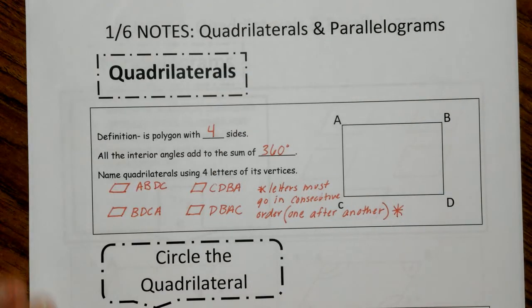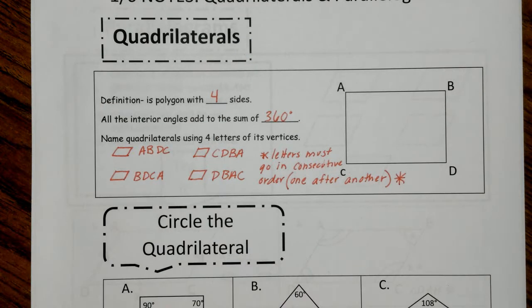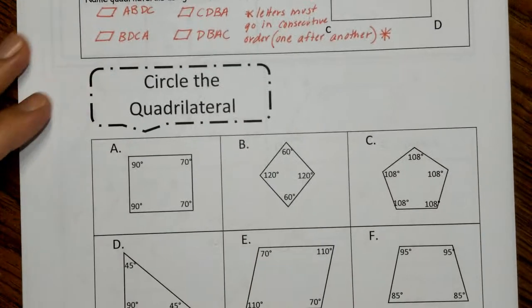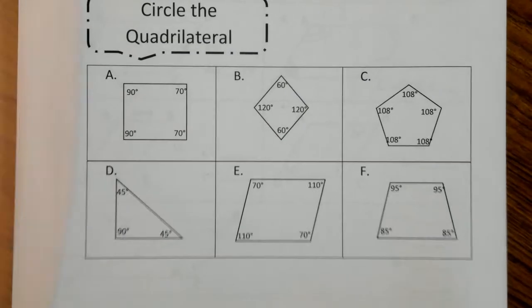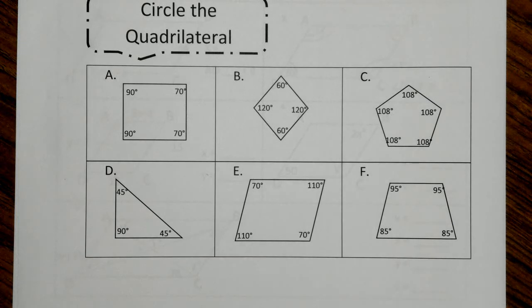All right. So with these two properties, four sides and all the angles add up to 360 degrees, we can take a look at these six figures down here and determine, do they have these properties? They have to have both. We're going to circle each one that's a quadrilateral. So the first thing we need to do is, on A, I see some angle measurements. Number one, I see four sides. Check on the first property.